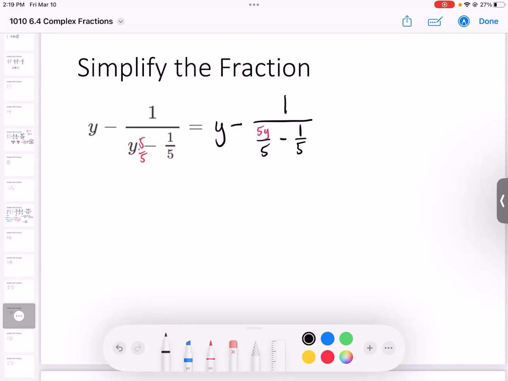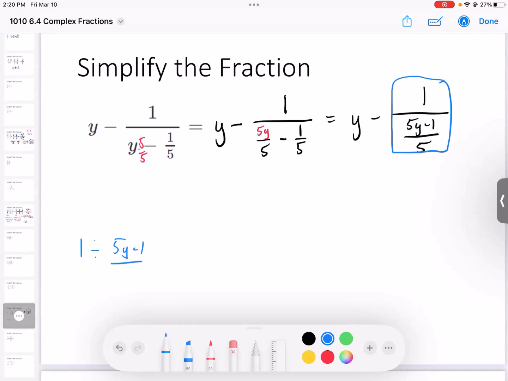And so that means this is going to equal y minus my big fraction. And in my big fraction, 5y minus 1 is going to give me 5y minus 1 all over 5. Now, if I do 1 divided by this, maybe I'll write this out on the side. So I'm going to write this out as 1 divided by 5y minus 1 over 5.